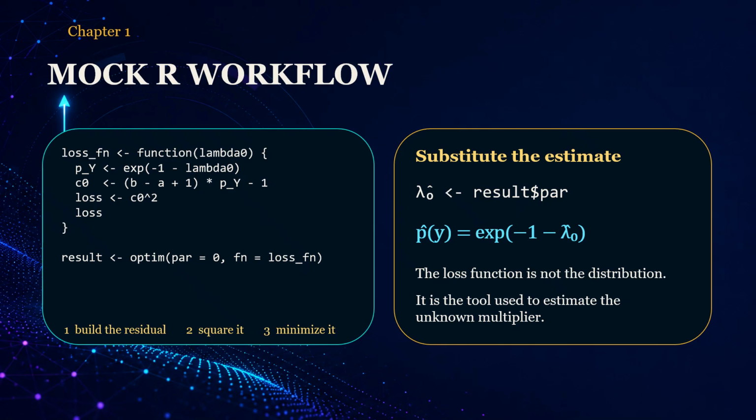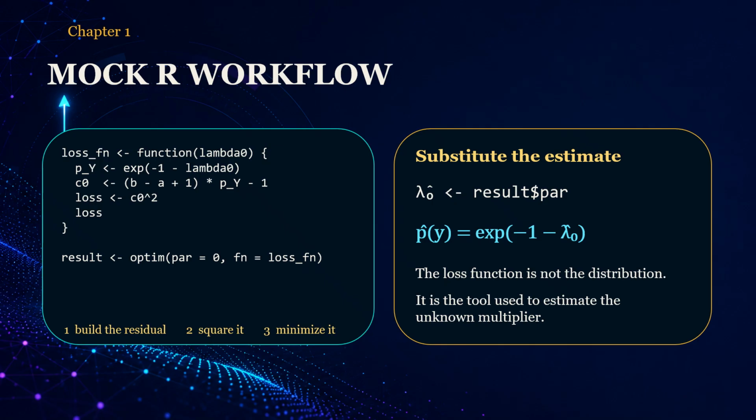So we had our intermediate form of the probability distribution, and on the left-hand side here, we're going to write a loss function, and I'm using R. This is R language, but hopefully this is simple enough that you could adapt it to whatever your favorite language is. We have our loss function, that's a function of lambda 0. We've defined this intermediate form of the probability of y, which, remember, is just e to the negative 1 minus lambda 0. And then we define the constraint there. Remember our loss, we're just taking the constraint squared and then returning the loss.